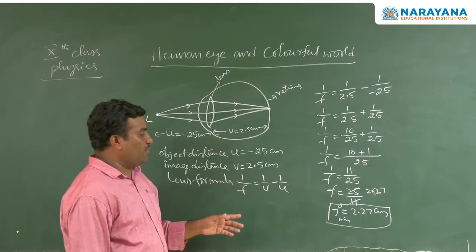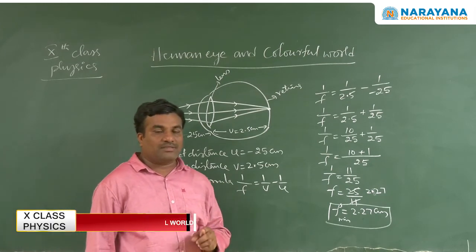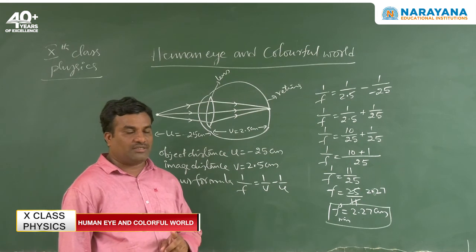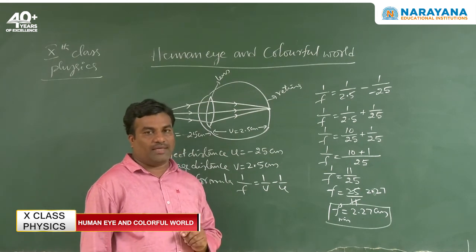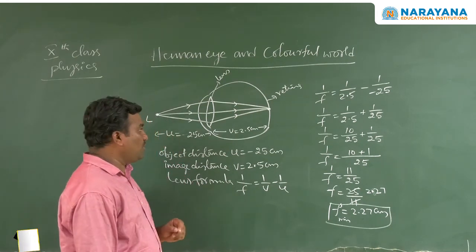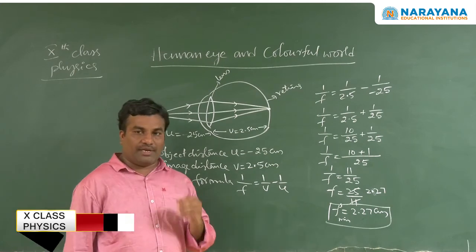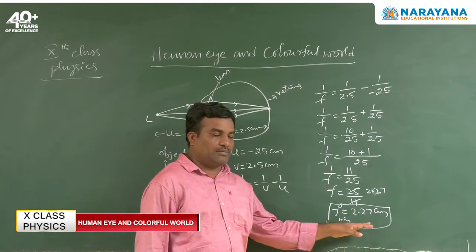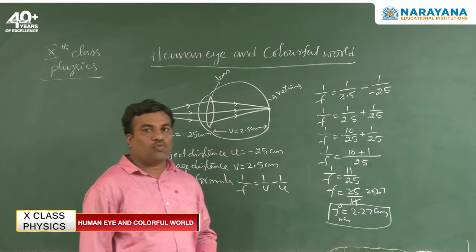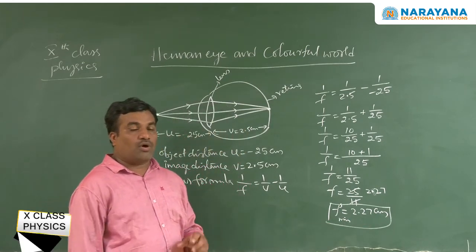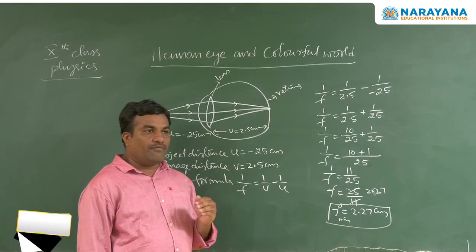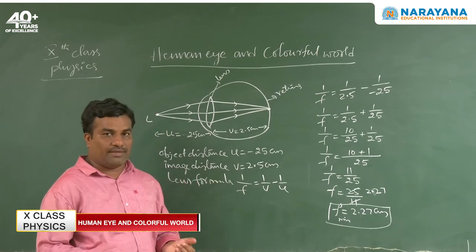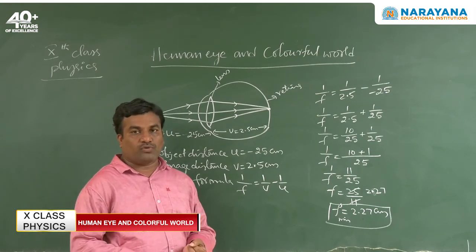In comparison, when we focus on an object at long distance, we get the maximum focal length. When we focus on an object very near to the eye, we get the minimum focal length, that is 2.27 centimeter. So in between, the focal length is always either 2.5 or 2.27.